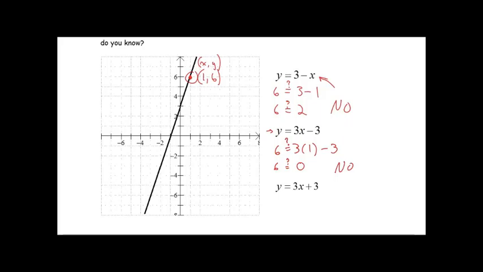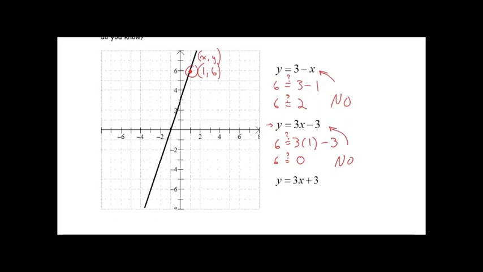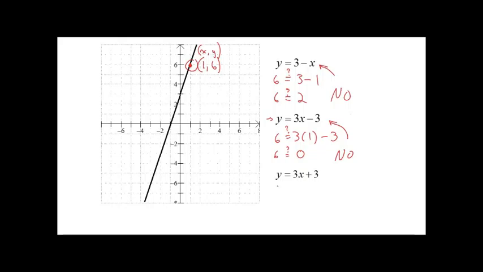No, 1, 6 is not on this line. Okay, finally, we'll check this last one where we're putting again 6 in for y, 1 in for x. And with a little question mark above the equal sign, we're asking the question, hey, does 6 equal, this right side is going to be 3 times 1 plus 3, which is 6. Yes, 1, 6 is on that line.